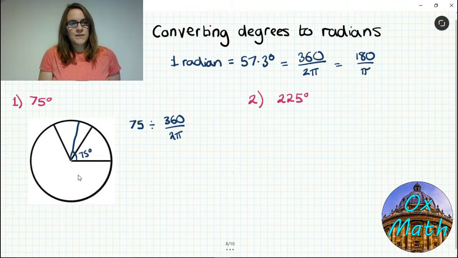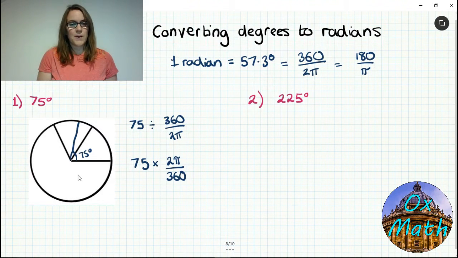Now remember, to divide by a fraction you can actually flip and times. If you don't understand that or can't remember that, then have a look at my video on fractions. But for now we are going to go ahead and times by 2 pi over 360.